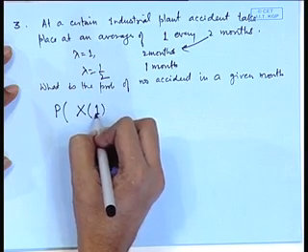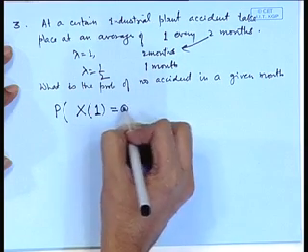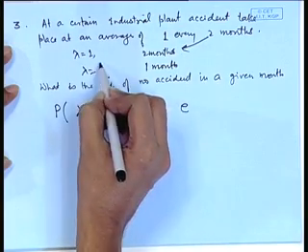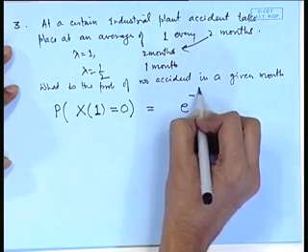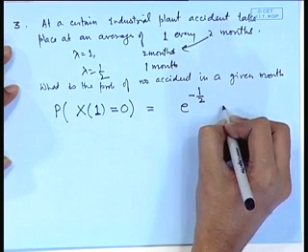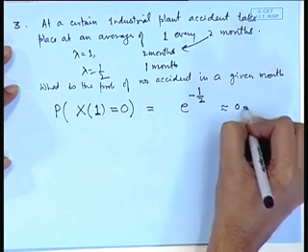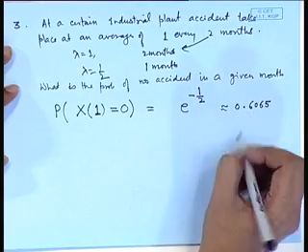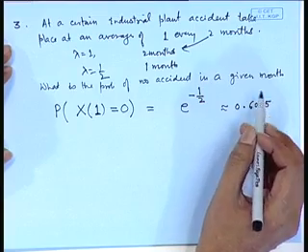So, the probability that X1 is equal to 0. In 1 month lambda will be half. So, it is e to the power minus lambda t, that is e to the power minus half, that is 0.6065. So, there is a 60% chance that there will be no accident in a given month.